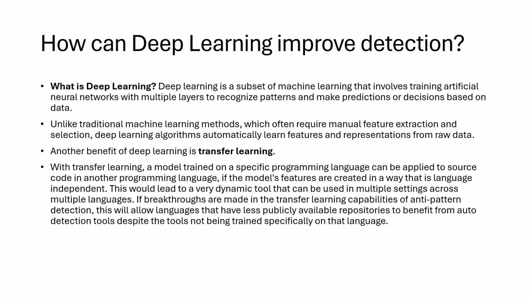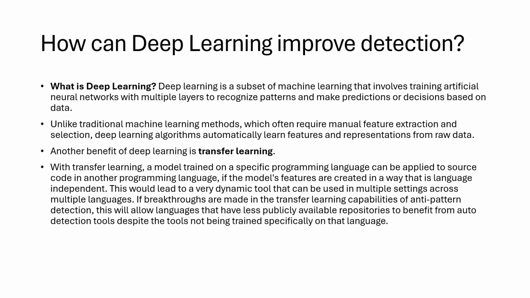Another benefit of deep learning is the potential of transfer learning, where we attempt to apply a deep learning model on source code of a different programming language. An example of this is we could build a deep learning model that's based on Java source code, and then if we had pre-processed the data in a way that is language independent, we could apply this model on C# source code and still get accurate results.